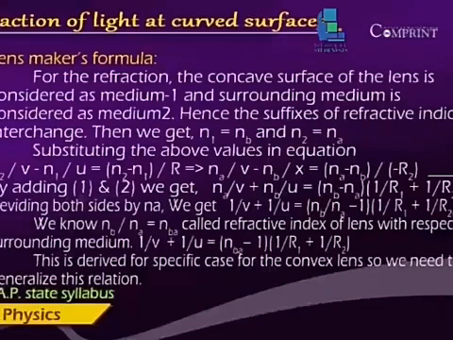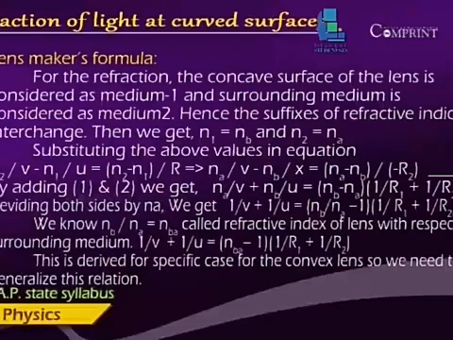Substituting the above values in equation N2 by v minus N1 by u is equal to N2 minus N1 by R, na by v minus nb by x is equal to na minus nb by minus R2, equation 2. By adding 1 and 2, we get na by v plus nb by u is equal to nb minus na into 1 by R1 plus 1 by R2.